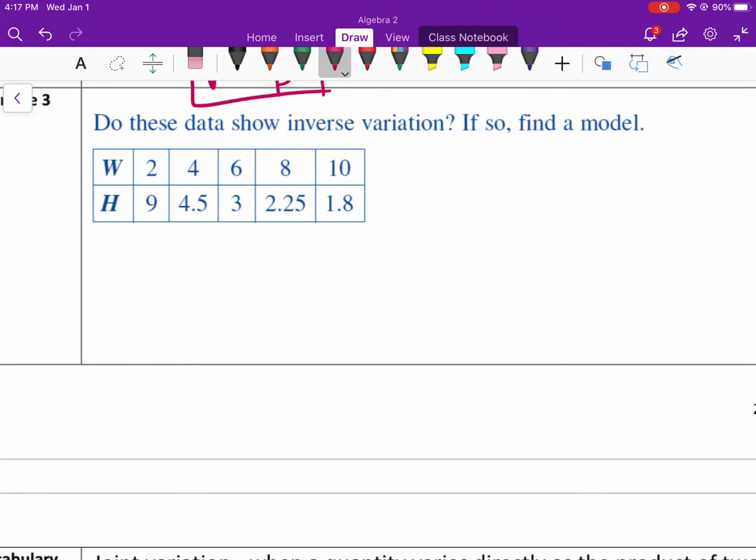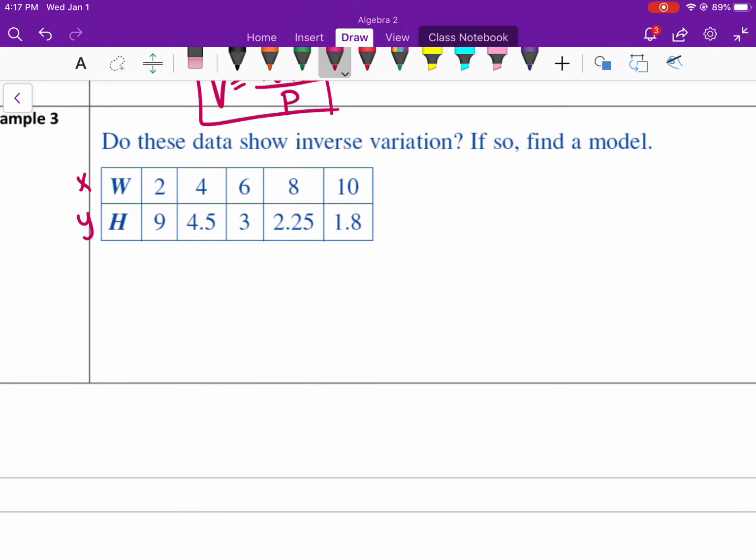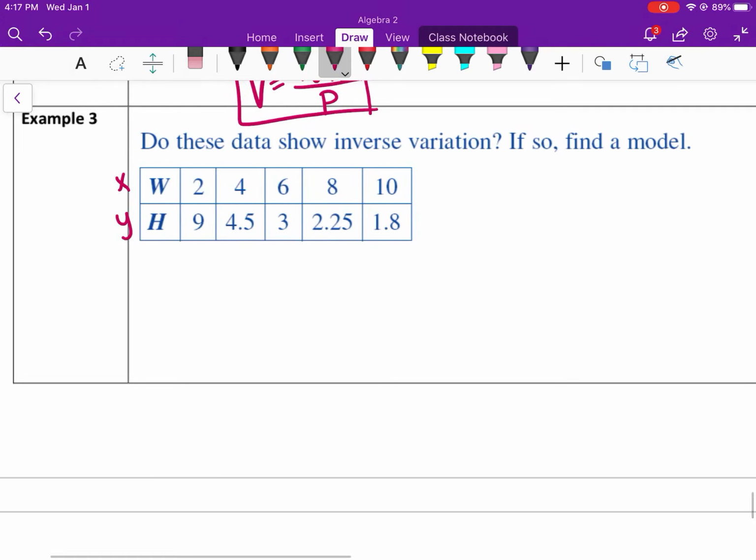Okay, if I give you a table and ask, does this data show inverse variation? Let's say this is x and this is y. If it varies inversely, it would be y equals k over x, or k would equal x times y.